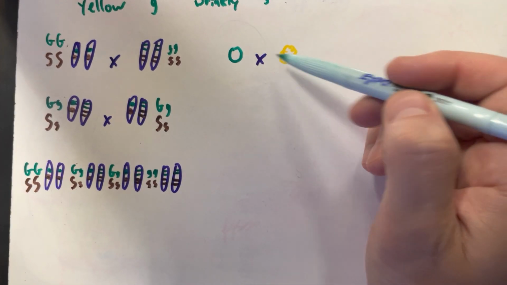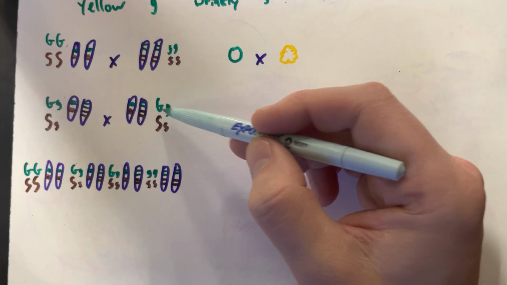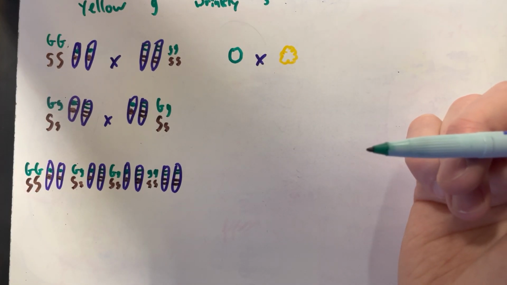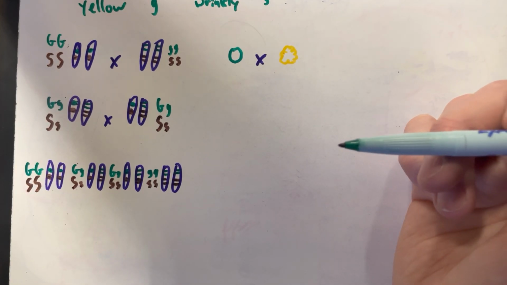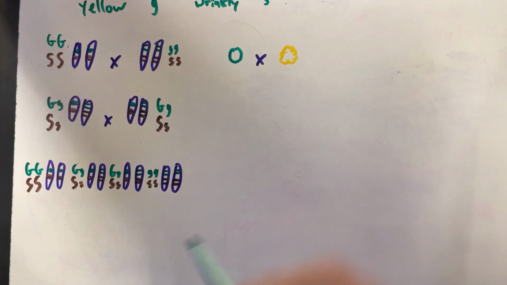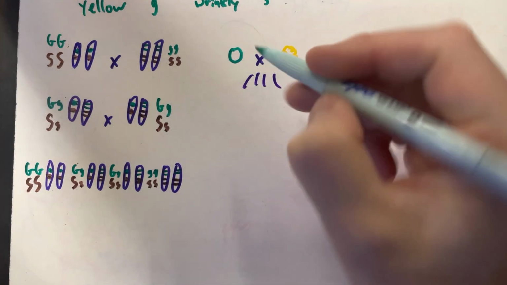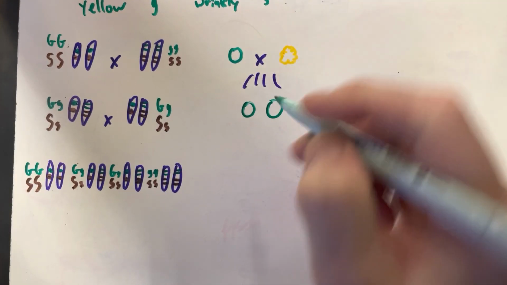What's the phenotype of the offspring of this cross? They all are big G, little g, so is that green or yellow? That's green. Are they big S, small s, so therefore they're smooth? Yeah, so all of the offspring are green and smooth.